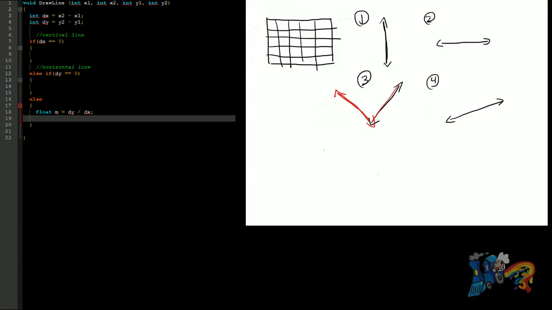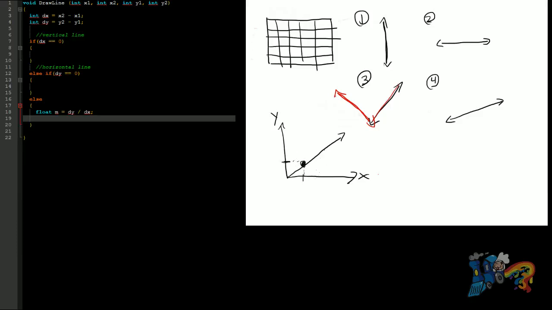Now, how do we determine if it's steep or shallow? What really defines that? Well, that one's pretty simple. Just look at our axes real quick. We know that a line with a slope of 1 will look roughly like that. It just means that if we move up 1 on the x, we reach the same point on the y.